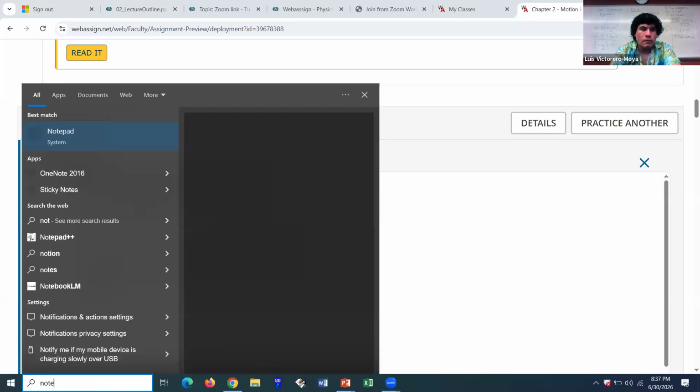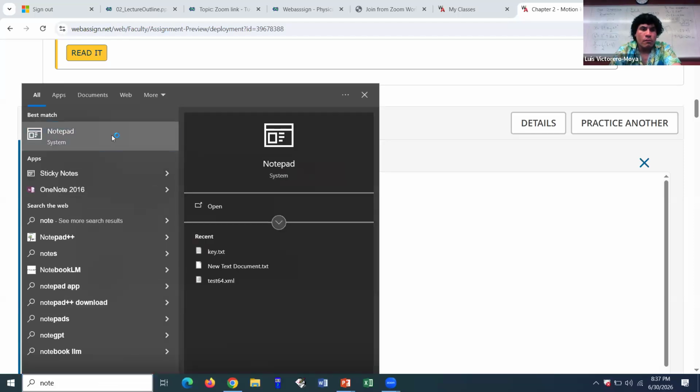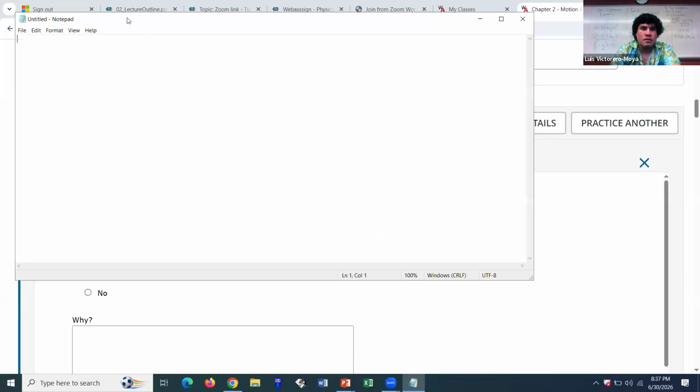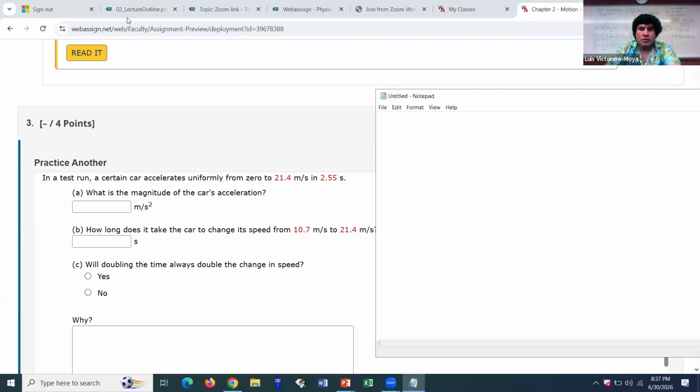Yeah, so I like to use this sometimes. It's easier to just show you here. So V final is 21.4 meters per second. V initial is 0 meters per second. Time is 2.55. So if you organize your values like that, then you know V final is V initial plus at. 21.4 equals 0 plus a times 2.55.